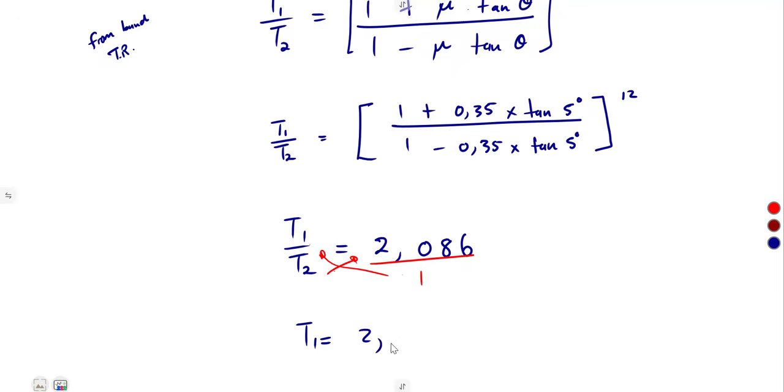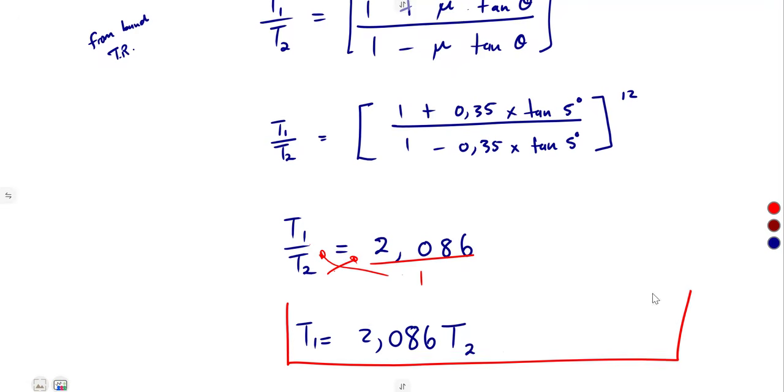So that's 2,086 times what? T2. So we have formed an equation here. We have formed an equation which can help us to solve for T1 and T2. So let's just leave it as it is, since we have got two unknown values.